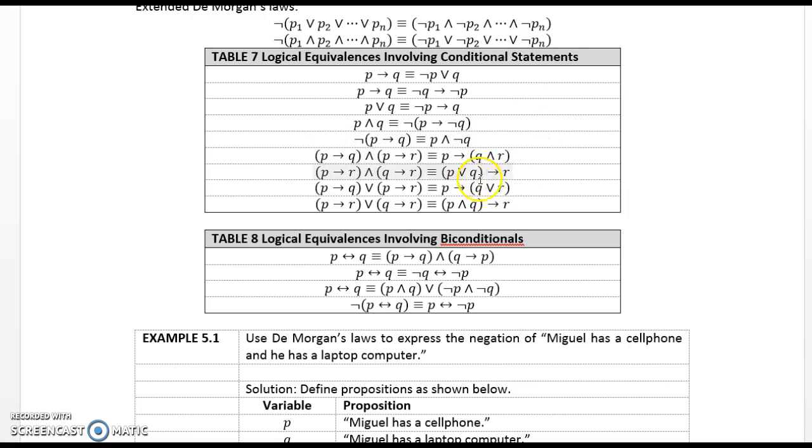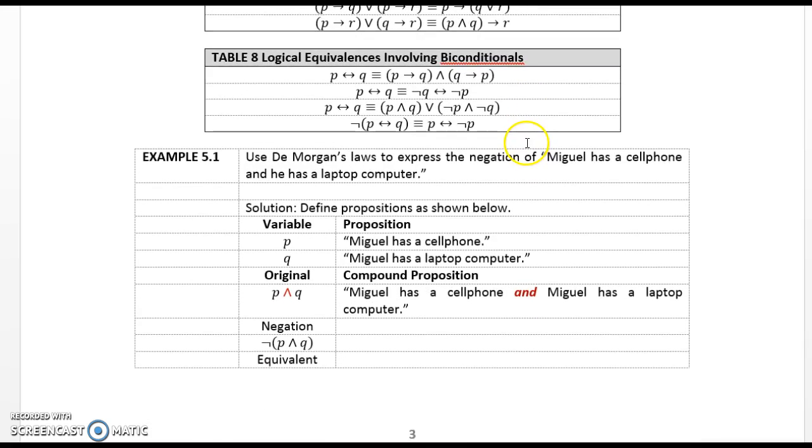And you can see these more complicated ones here below. Table 8 has the equivalences involving biconditionals.